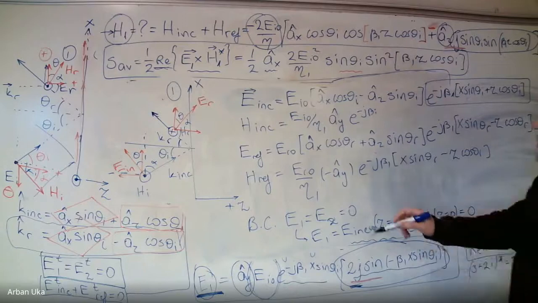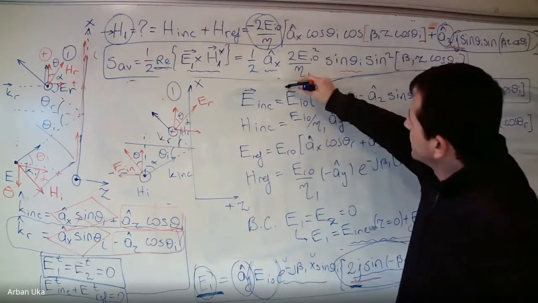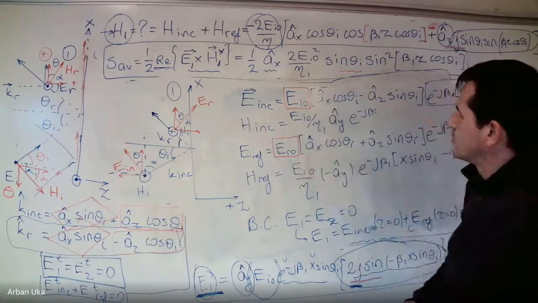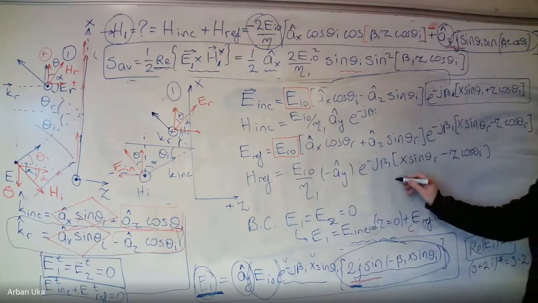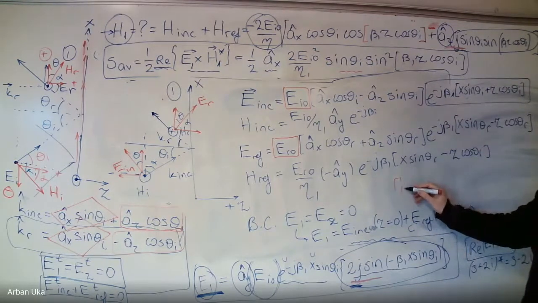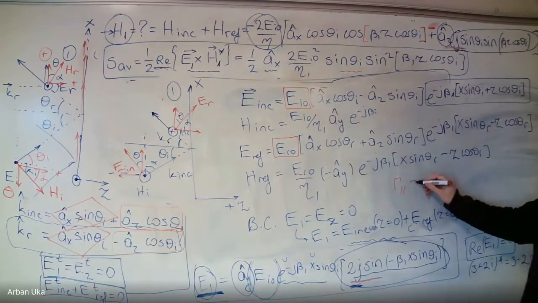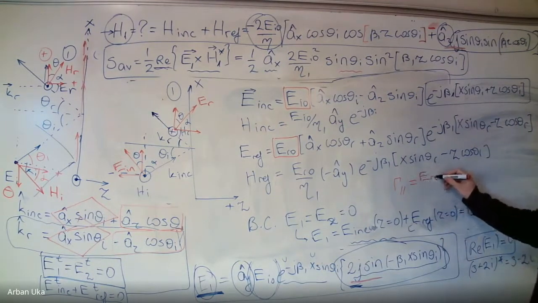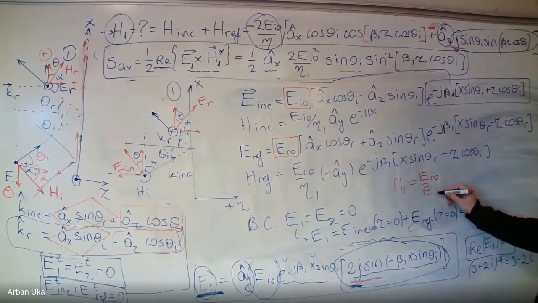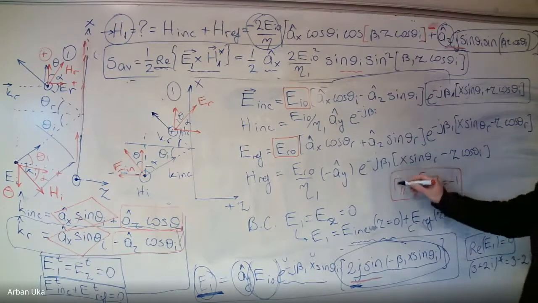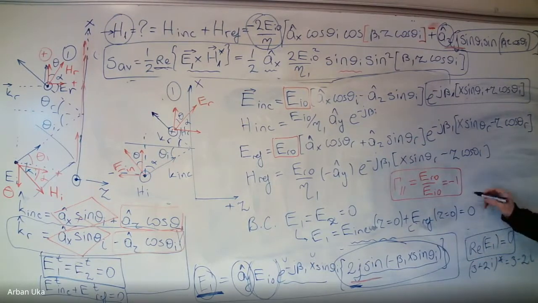We can directly conclude that the reflection coefficient for the parallel polarization, which is equal to ER0 divided by EI0, is going to be equal to -1. In fact, this is what we obtained also in the previous case, where we had the reflection coefficient for the perpendicular polarization.